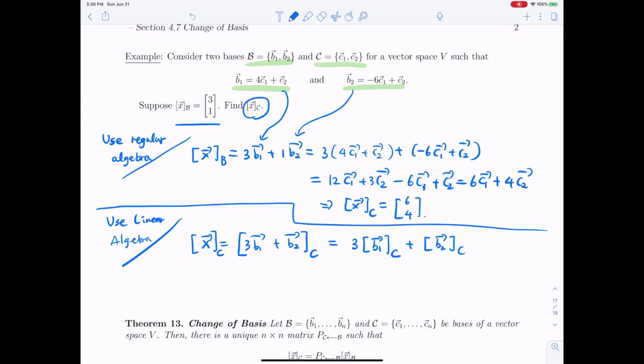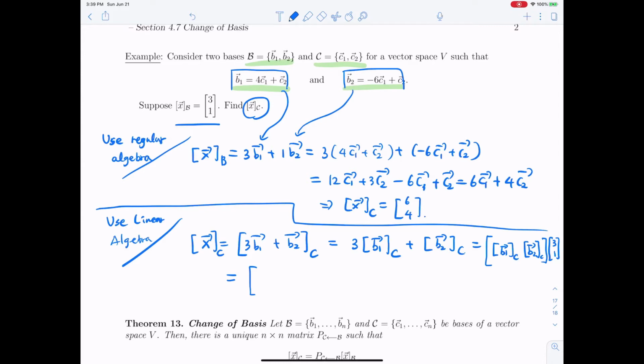Or in other words, we can write this as a matrix equation: the matrix with columns the C-coordinate of b1 and the C-coordinate of b2, multiplied by (3, 1). We have the C-coordinate of b1 equals (4, 1), and the C-coordinate of b2 is (-6, 1).